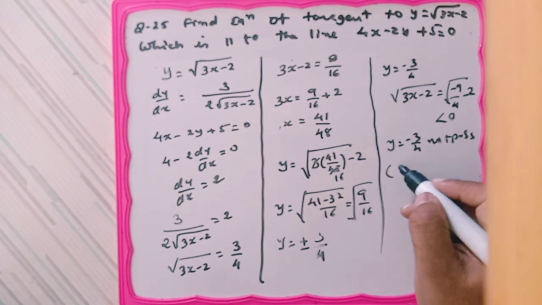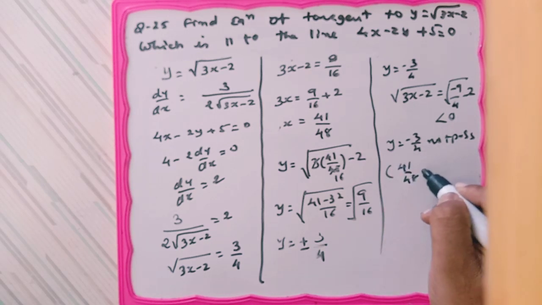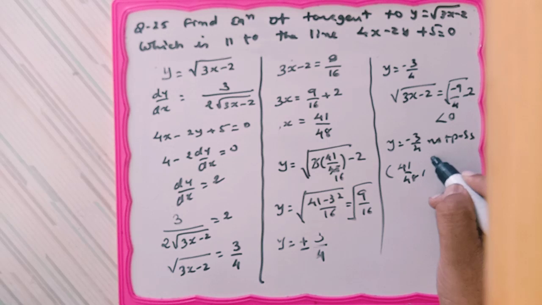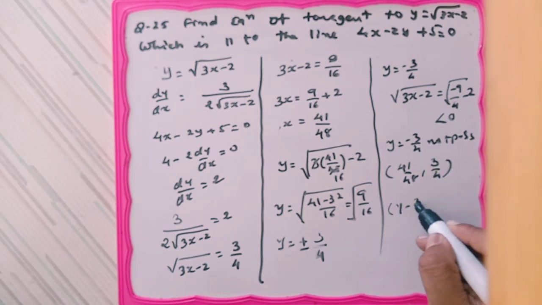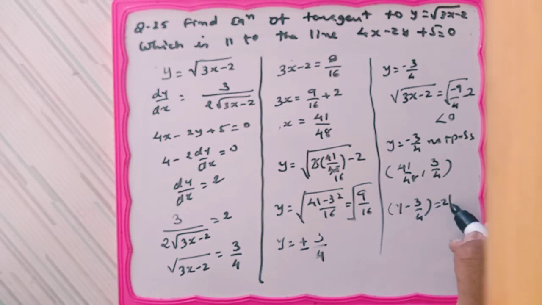The x point is 41 by 48 and the y point is 3 by 4, and so the required tangent will be y minus 3 by 4 equals 2 times (x minus 41 by 48).